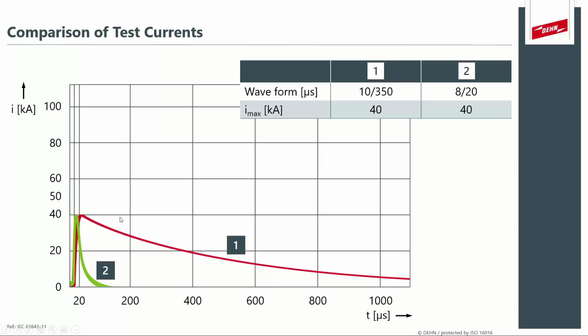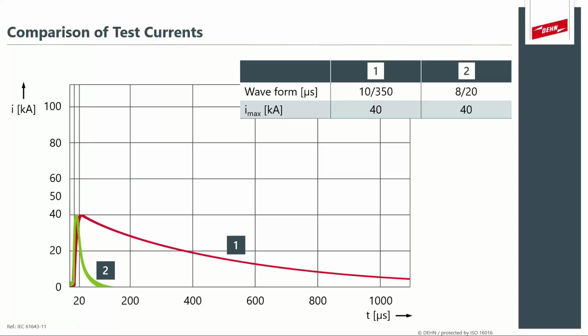So if we look at the red curve, as explained previously, we will peak at 10 microseconds and we will decay to 50% of its value, which is 20 kA, in 350 microseconds. Now a surge is obviously a little bit quicker, but it decays much faster as well. So it reaches half of its value in 20 microseconds.